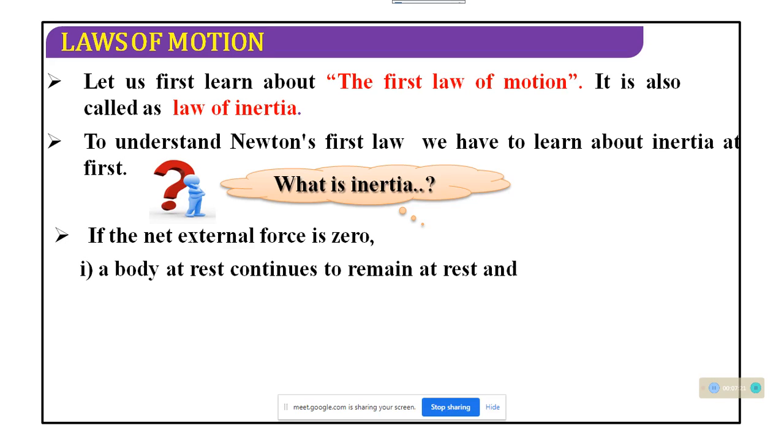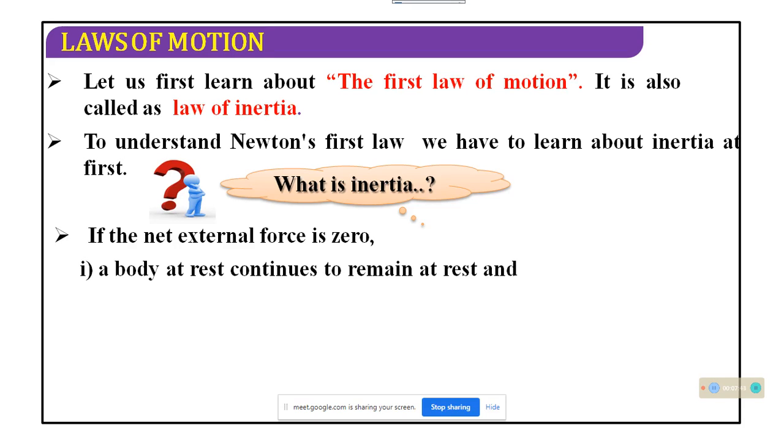There are two types of inertia that I am explaining here: inertia of rest and inertia of motion. Inertia means if a body is at rest, it has a tendency to maintain its rest, and if a body is in motion, it will continue in motion.